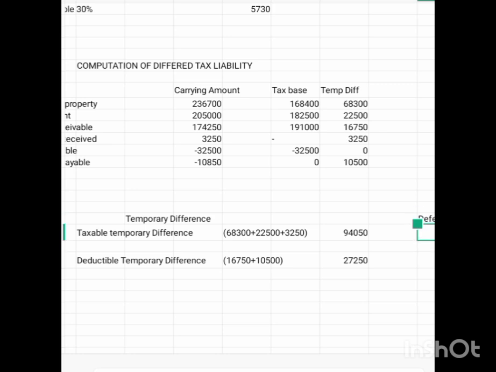For the first one, you can just say equal to 30% multiplied by 94,050. And this one equals 30% of 27,250.